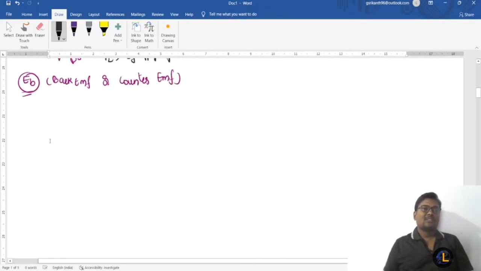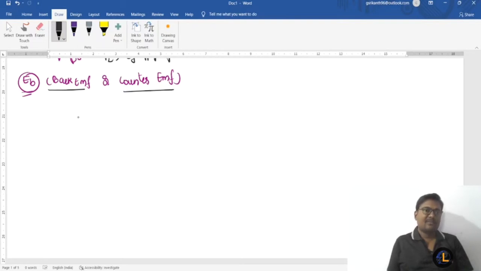So this EMF is called back EMF or counter EMF. The EMF which is induced in a DC motor, which is opposite to the supply voltage, is called the counter EMF.